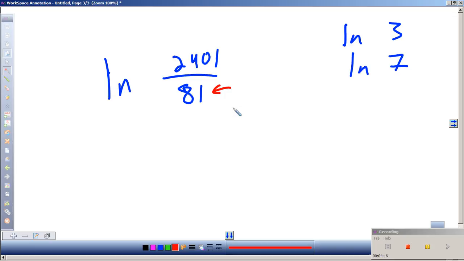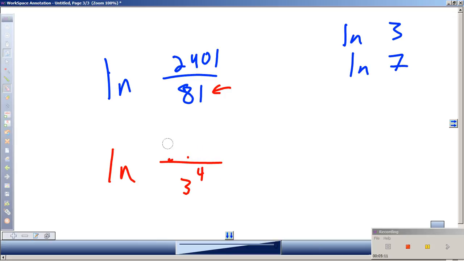Okay, so she said 3 squared is 9. 9 squared is 81. Now can you rewrite this? 3 to the 4th. So I'm going to change this to ln 2401 over 3 to the 4th. Now, is there anything similar I can do with 2401? 4th? Okay. So instead of 2401, I'm going to put 7 to the 4th.